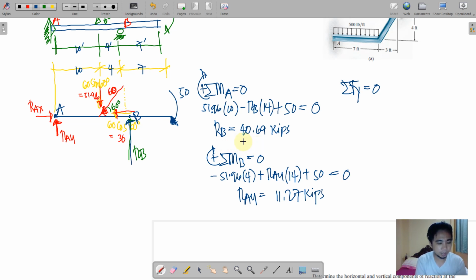So we are going to add that one, 40.69, going upwards, and 11.27 going upwards also. Both are positive. And then we deduct going downward first, that is 51.96.